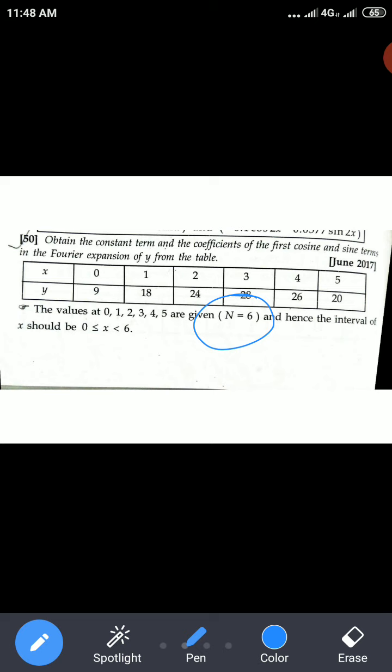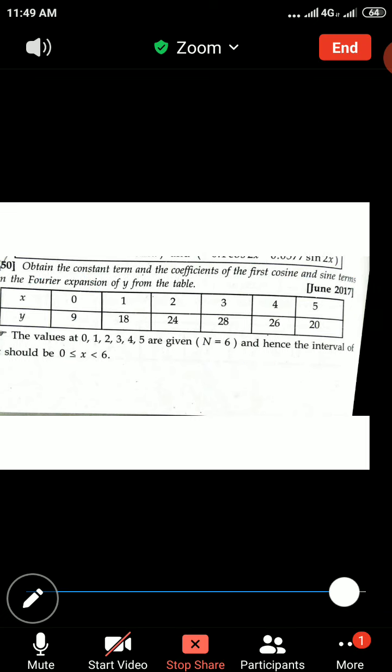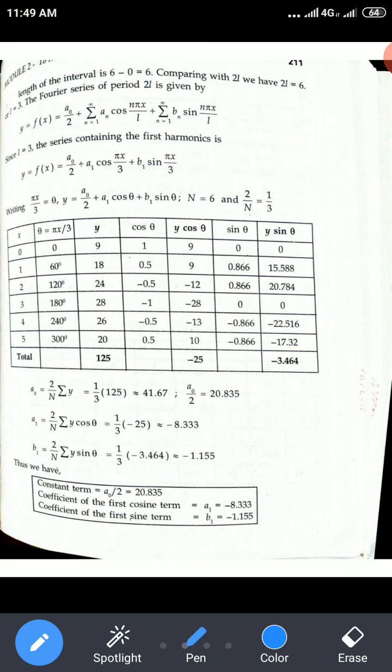Earlier the interval was 0 to 360 or 0 to 2 pi, but here it is 0 to 6. The length of the interval is 6 minus 0, that is 6. Therefore 2L is equal to 6.